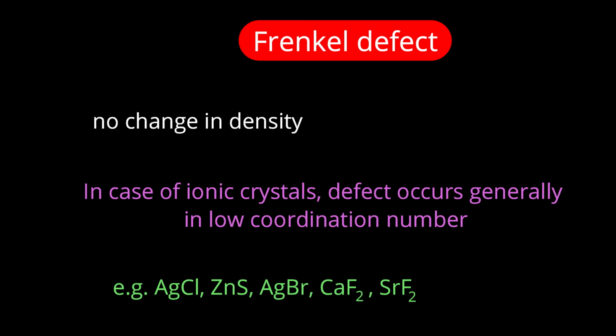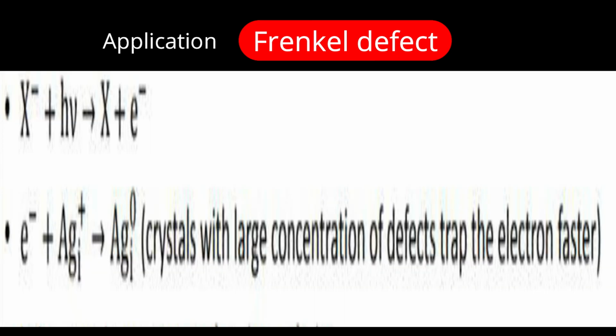Silver bromide is one of the best examples for that. Not only for cations, this defect occurs for anions also, for those which have the fluorite structure. A few examples of fluorite structures are calcium fluoride and strontium fluoride. They also exhibit Frenkel defect, but anionic Frenkel defect.